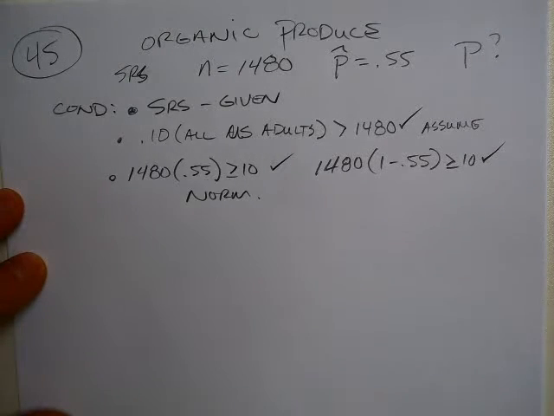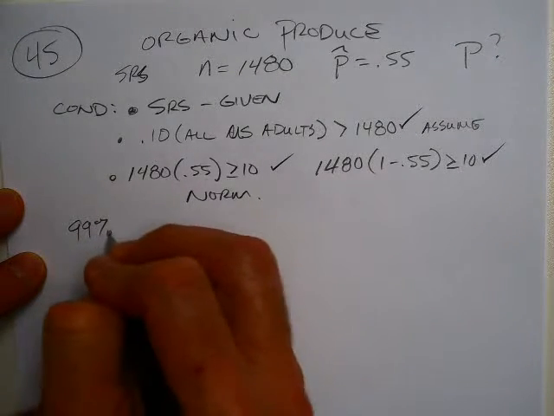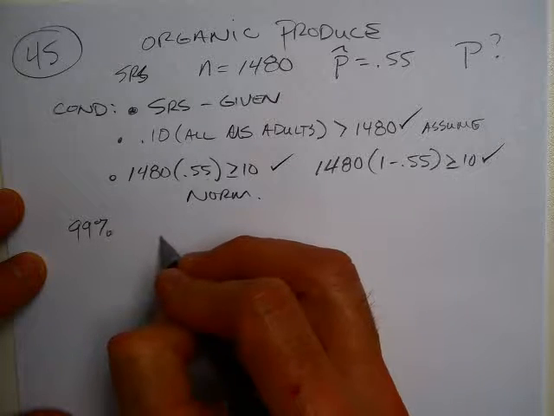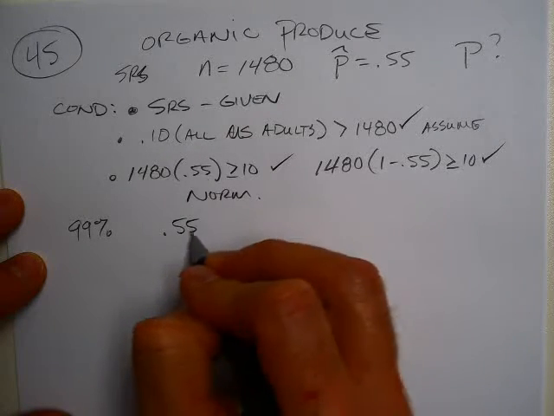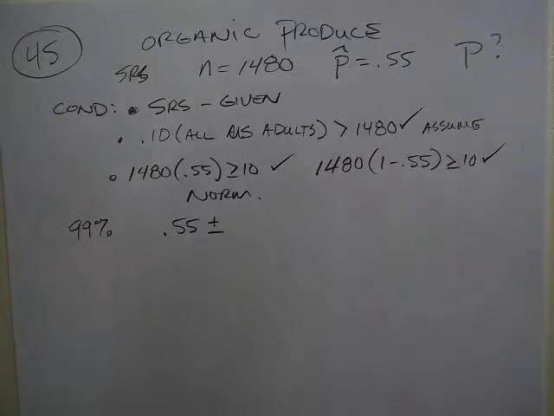All right, so we're talking a 99% confidence interval, was that right? Yeah, 99%. So this is going to be 0.55 plus or minus 2.576.